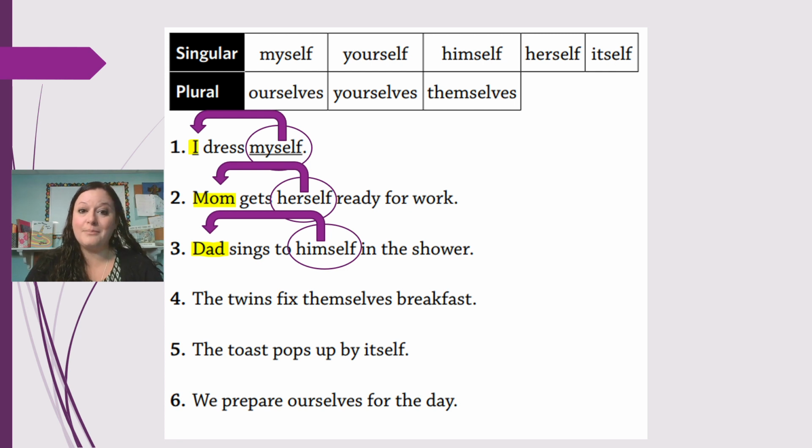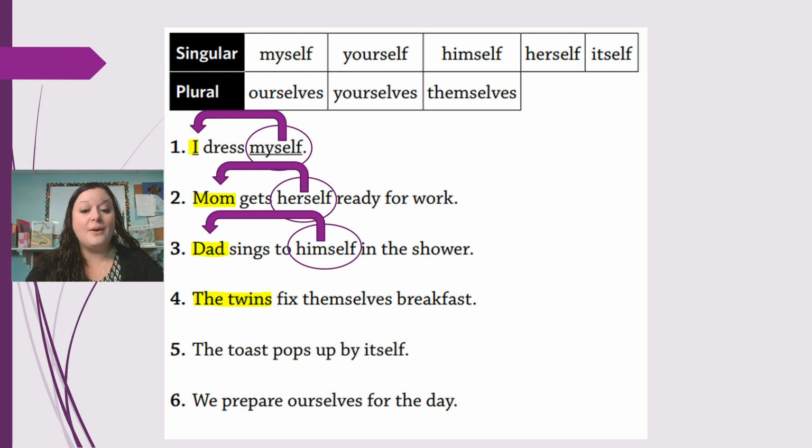Let's read sentence number 4. The twins fix themselves for breakfast. Think for a second. Who's the subject? Who is this sentence about? Did you identify that the sentence was about the twins? You're right.